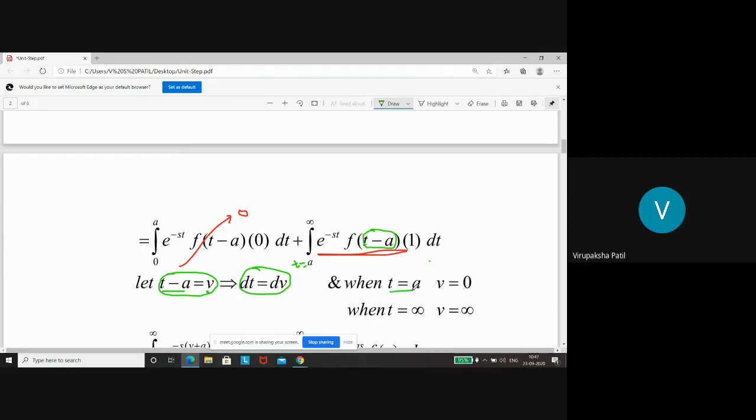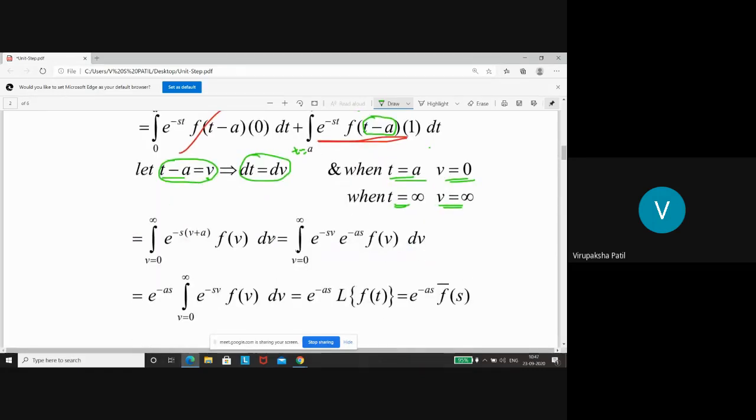Next, put the upper limit infinity. When t is infinity, infinity minus a is also infinity. Therefore, whenever t is infinity, v becomes infinity.